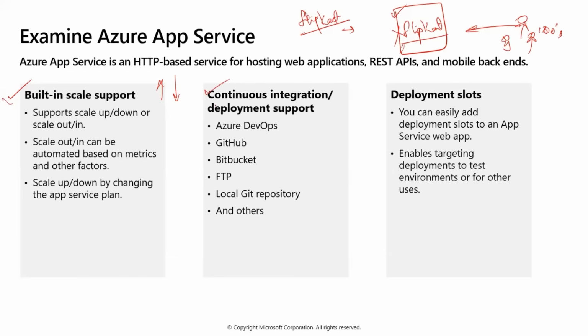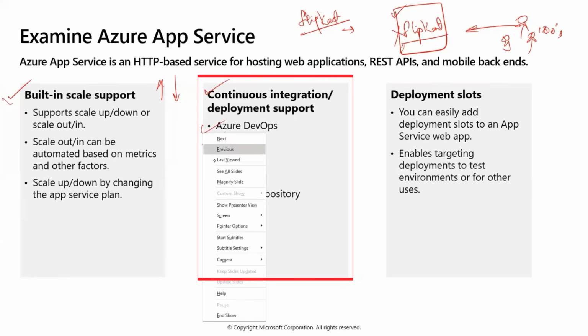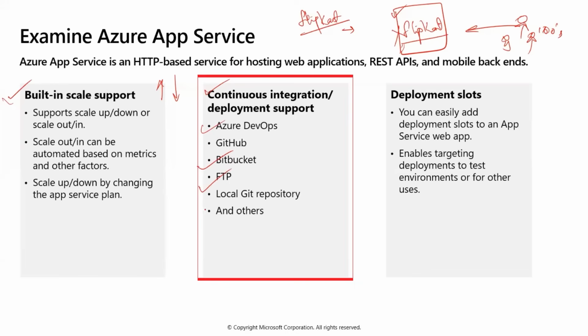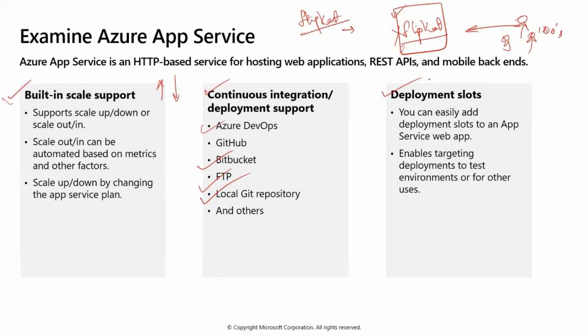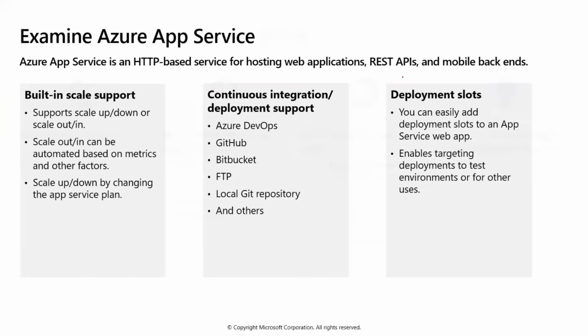And with Azure App Services, you can do CI/CD. I know some of you have worked with DevOps as well, so you might know about continuous integration and continuous deployment. Azure App Service can work with DevOps, GitHub, Bitbucket, FTP, local Git repositories, and many others. It also has a deployment slot capability for you to safely deploy newer versions of your application.